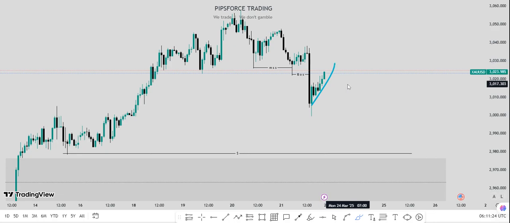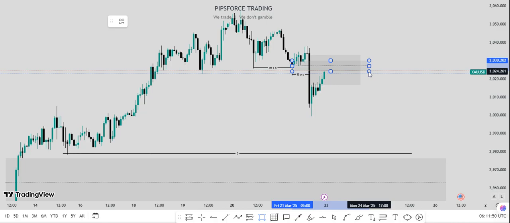In our first institutional reference point here, we have our fair value gap, which is this particular one here. We have this fair value gap where price currently is. And after this fair value gap, we have another institutional reference point, which is this breaker block.